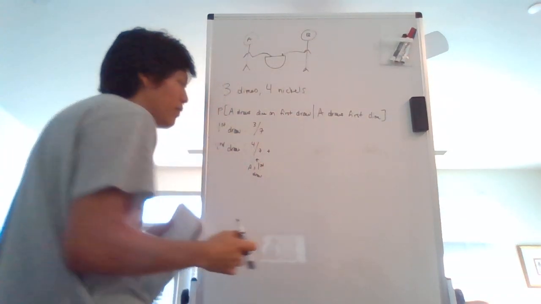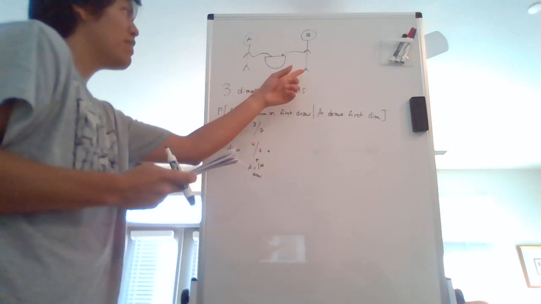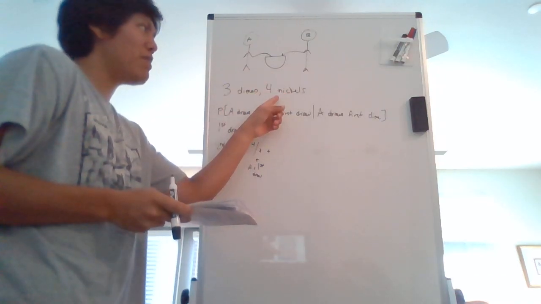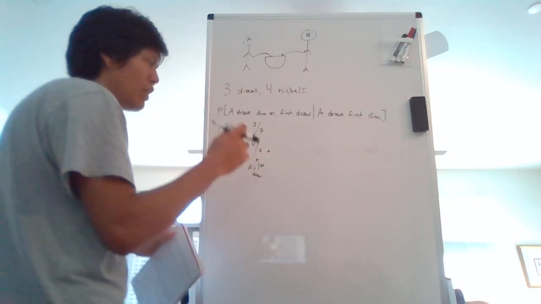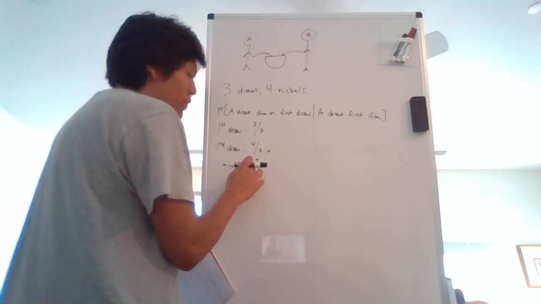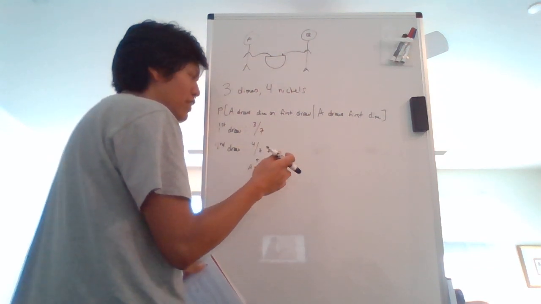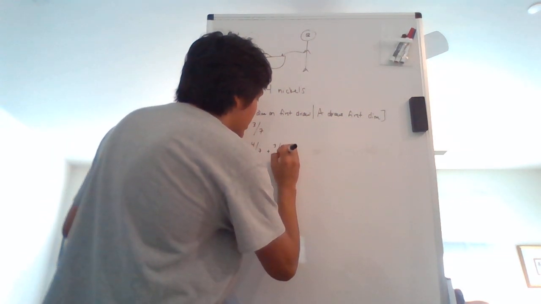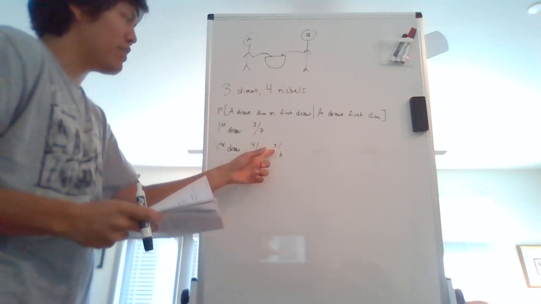All right. Now it's B's turn to grab. They also grabbed a nickel in this situation. So A grabbed the first nickel. Now B grabs their first nickel. There's 3 left, so it's 3/6, right?